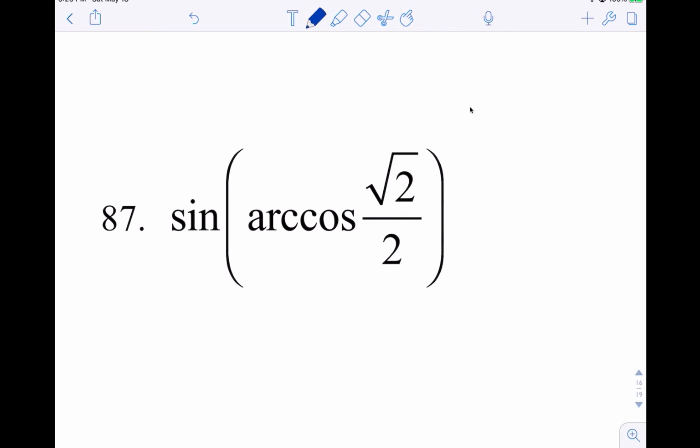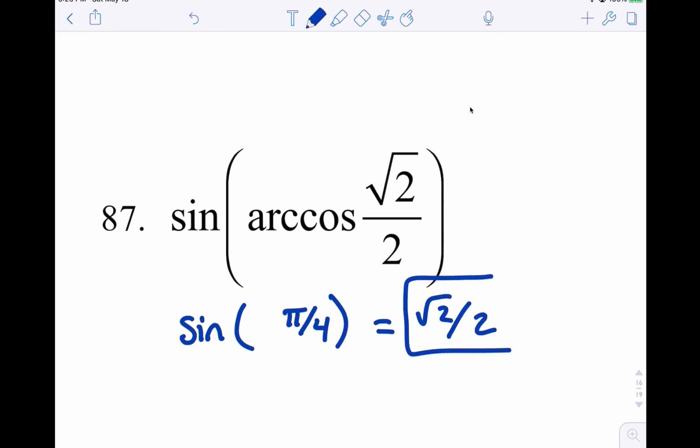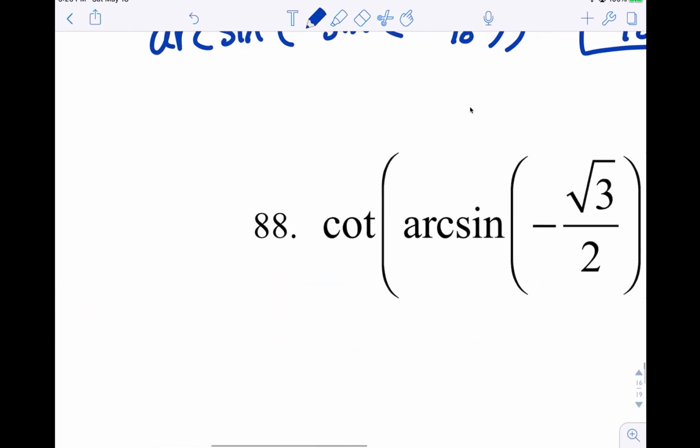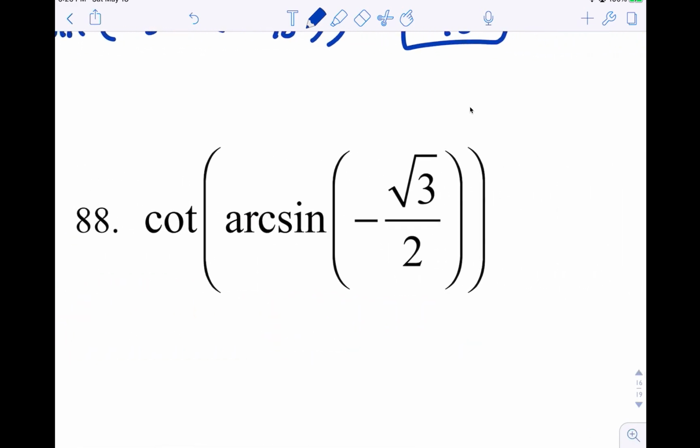All right, so arc cosine of root 2 over 2, that is pi over 4, and then sine of pi over 4 is root 2 over 2. Arc sine of negative root 3 over 2 is negative pi over 3.